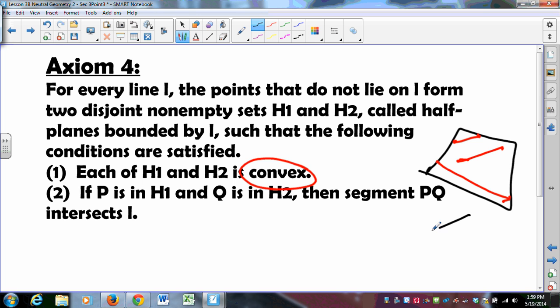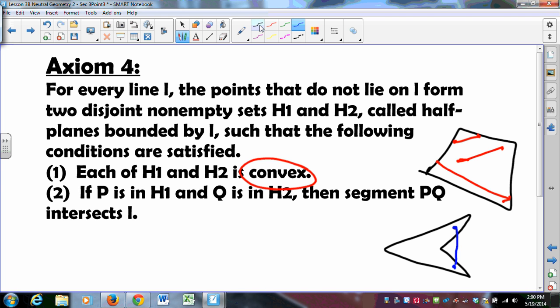But this is not convex, because if I try to connect this point to this point, that segment will not be entirely contained within the set. So you have convex on the top, not convex on the bottom.